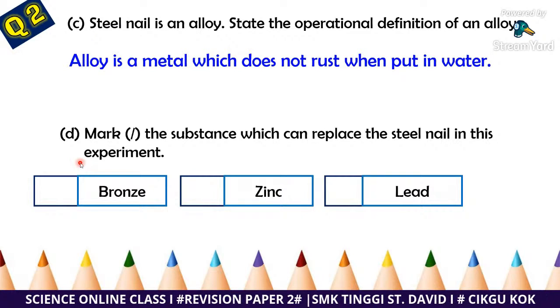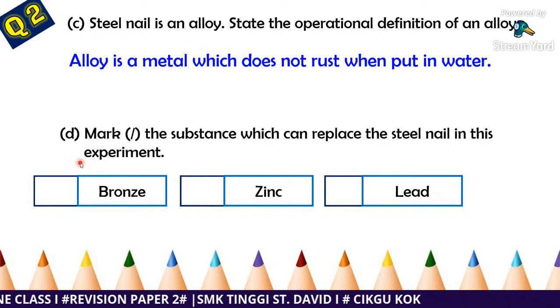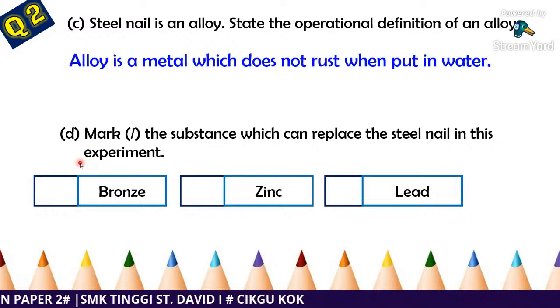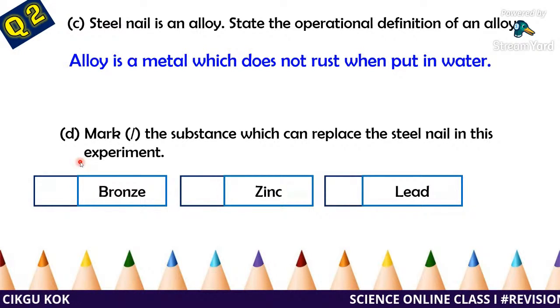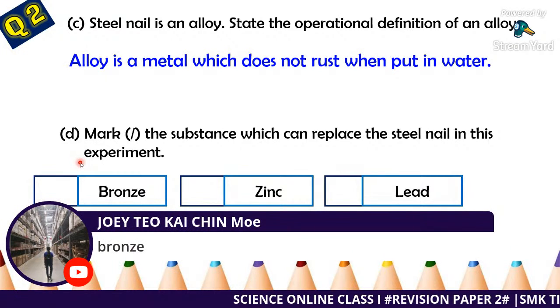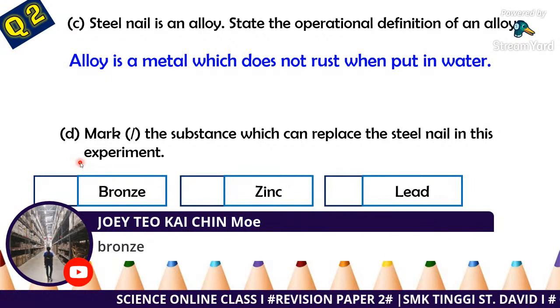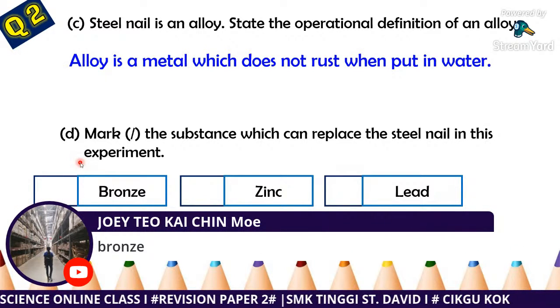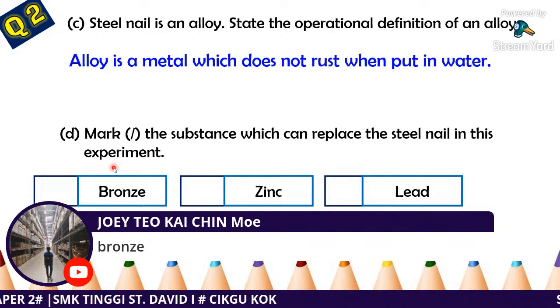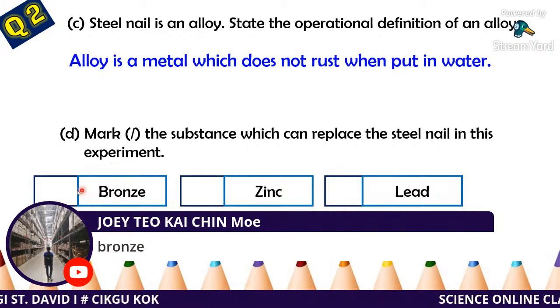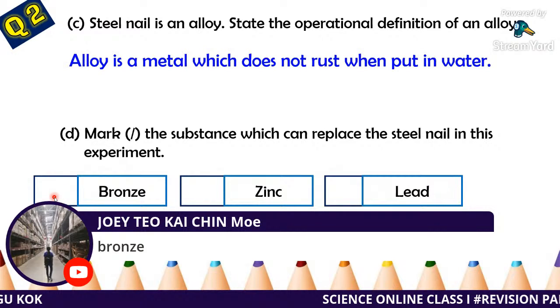Okay, anybody? Again, the same person. From here, I want to pick the answer from Joey. Let's see Joey, they gave me one answer. Joey shows the answer is bronze.